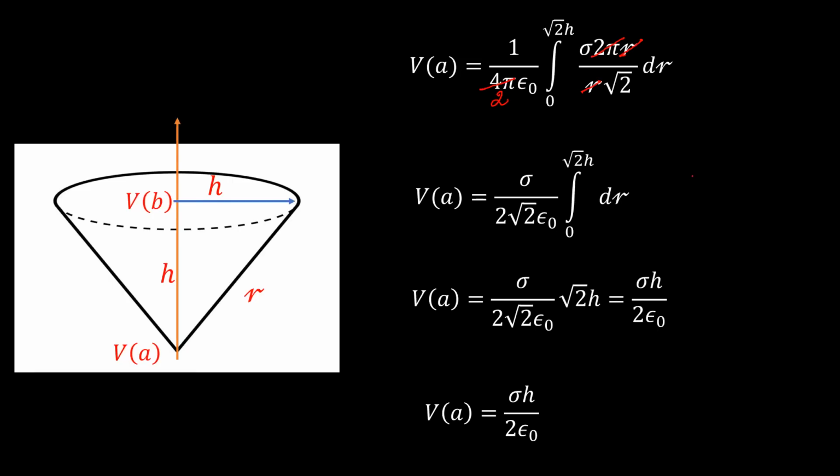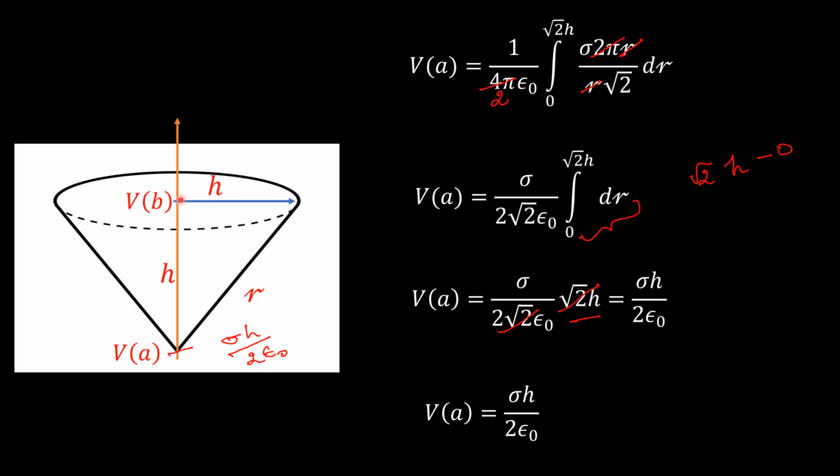If you apply the upper limit, square root of 2 h, and lower limit 0, this integral will be square root of 2 h. Now you can cancel this square root of 2 and this one. So you will get sigma h divided by 2 epsilon naught. So V of A, the potential at this point, we have calculated as sigma h divided by 2 epsilon naught.